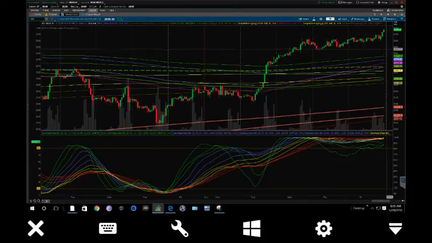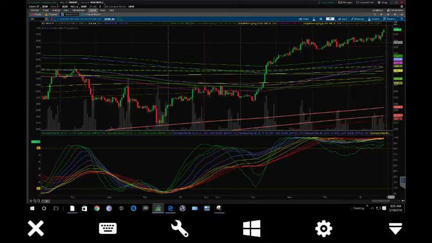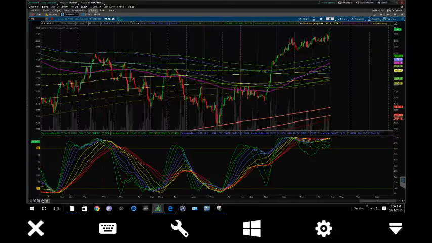This will move up with it, so this 2080 level looks really good for a bounce. If it comes back down to it, it goes higher. If it goes up first, you're looking at 21.11, like I showed you on the daily, and then 21.21 is also another opportunity. Zoom out here.